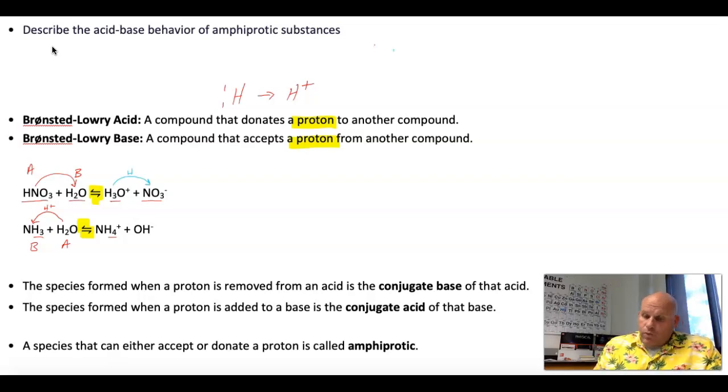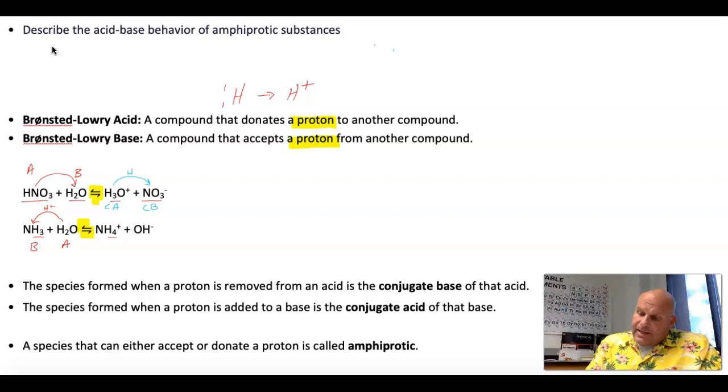We would call our H3O+ our acid, and our NO3- our base. Actually, what we call them are the conjugate acid and conjugate base, and you can see those definitions right down there below. So what we identify are conjugate acid-base pairs.